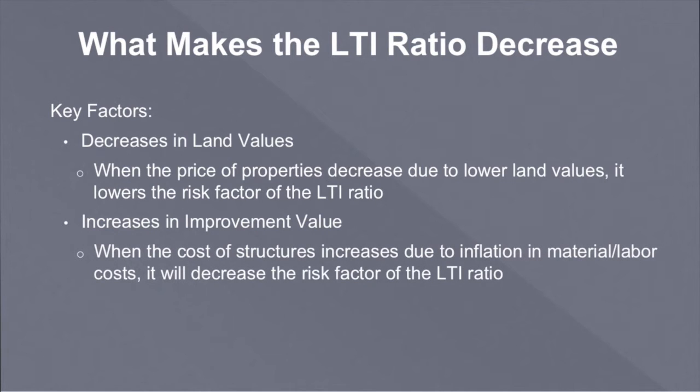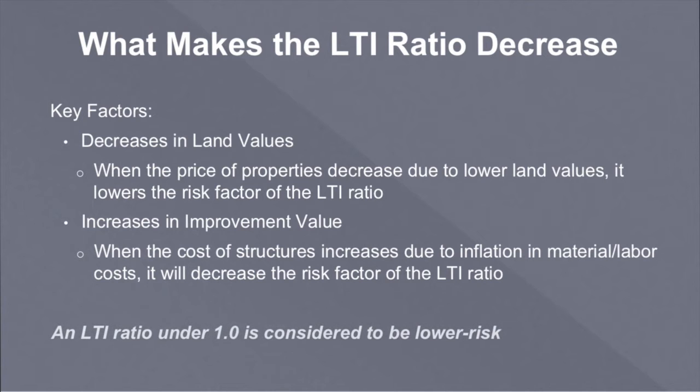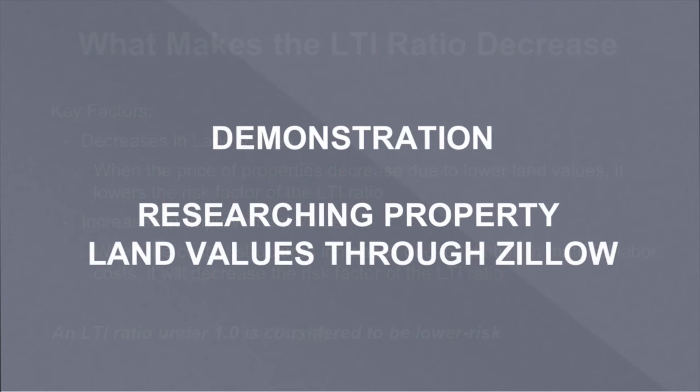When the cost of structures increases due to inflation and material or labor costs, because labor is a big component of it too, right? If it costs a lot more to hire those workers to build that house or that apartment complex, well, that changes. That increases your improvement value. It will decrease the risk factor, though, in the LTI ratio. An LTI ratio under 1.0 is considered to be lower risk.